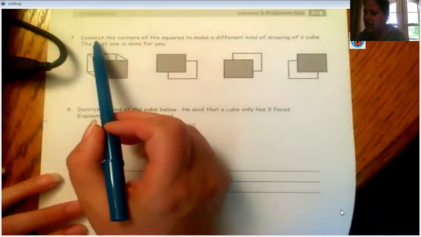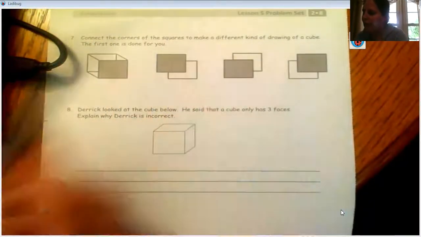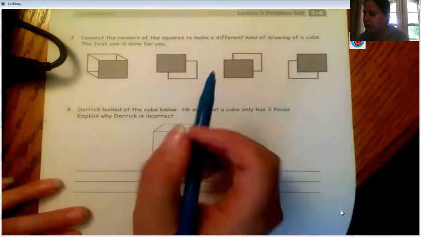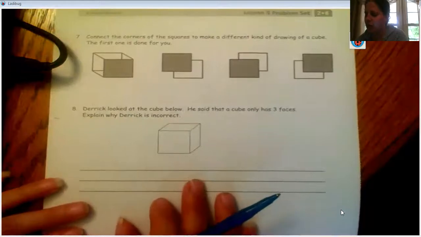Number 7 says connect the corners of the squares to make a different kind of drawing of a cube. The first one is done for you. So boys and girls, remember we drew our square in the middle and then drew our straight line over and down and connected the corners, but they're showing us some other ways that we could create cubes.